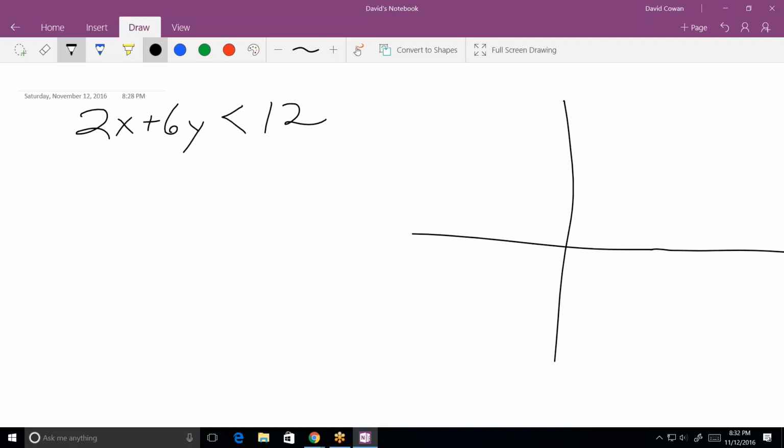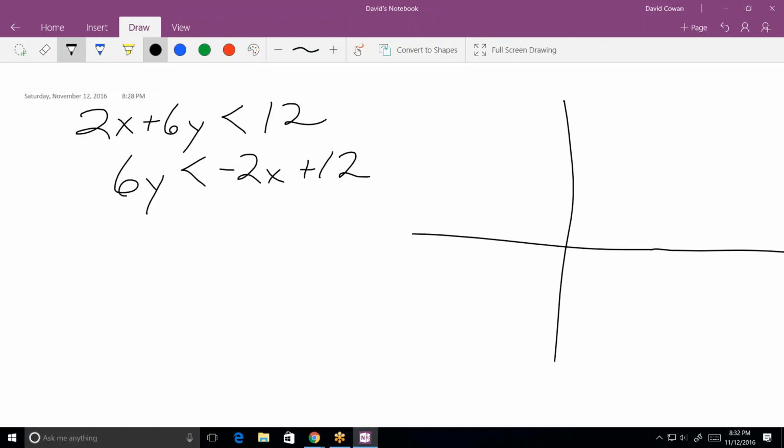If I solve this for y, I get 6y is less than minus 2x plus 12. See that step? How did you get that? I subtracted 2x from both sides.